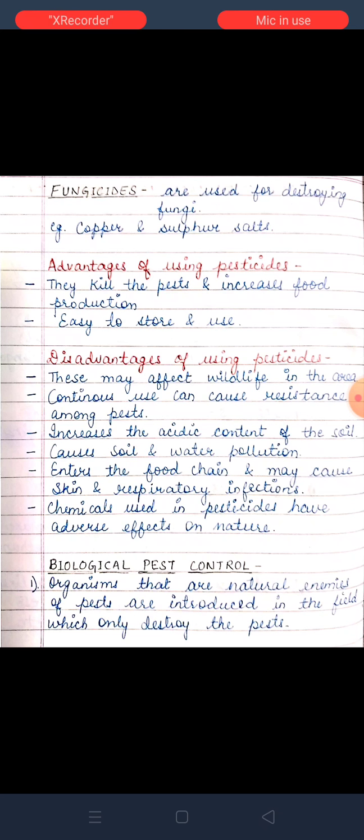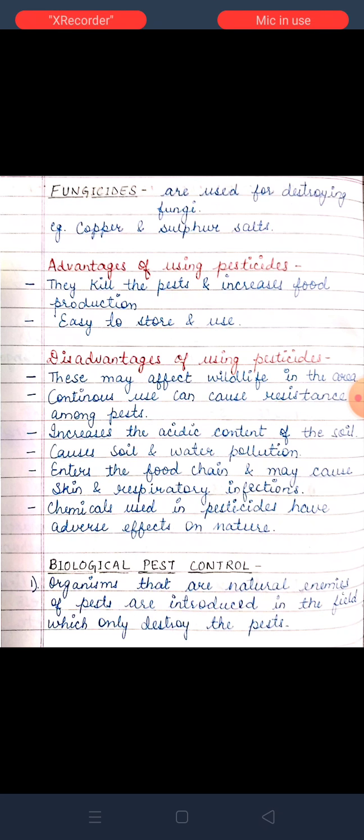When the chemicals are used for more time or in more quantity, soil pollution is there, as well as when irrigation is done or when rainfall is there, they get drained off with the water into the water bodies, so they cause water pollution.